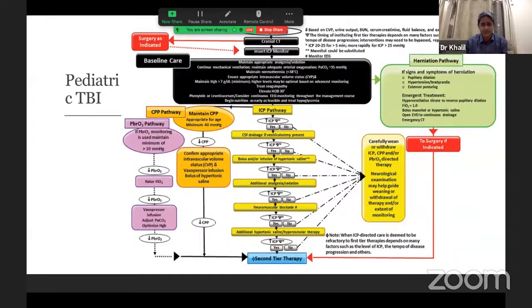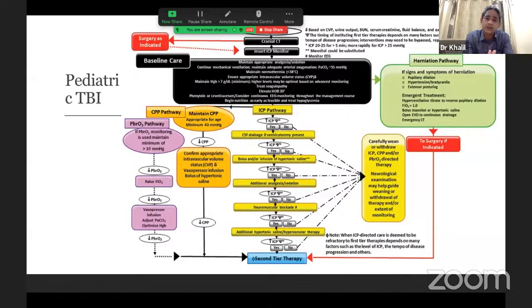This is a very busy slide, but you can see that for any child with traumatic brain injury, you need to maintain appropriate analgesia and sedation. So continue mechanical ventilation, maintain adequate arterial oxygenation. PaCO2 is again important. If high, PaCO2 can cause raised ICP, as we know, and surges in ICP can lead to coning.